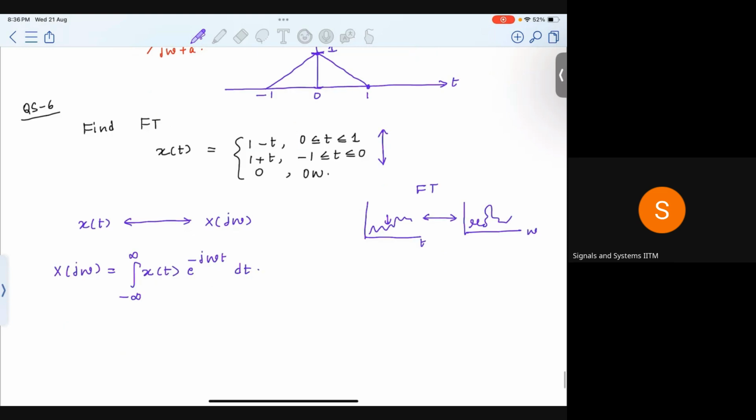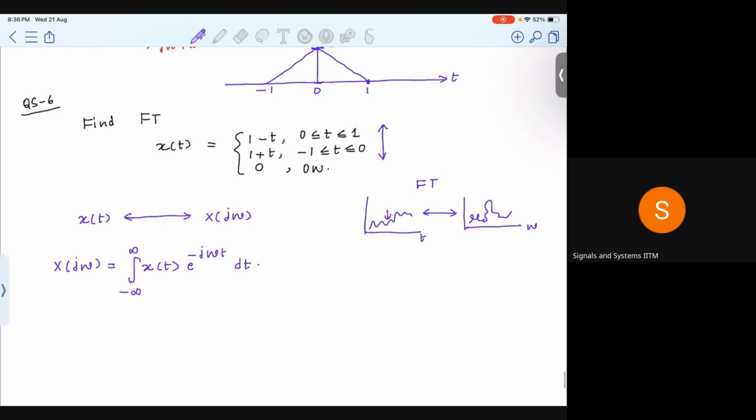And we know how to go from the time domain to the frequency domain. We have this nice analytical formula to calculate the Fourier transform, which was given by Fourier. Let's try to evaluate it.